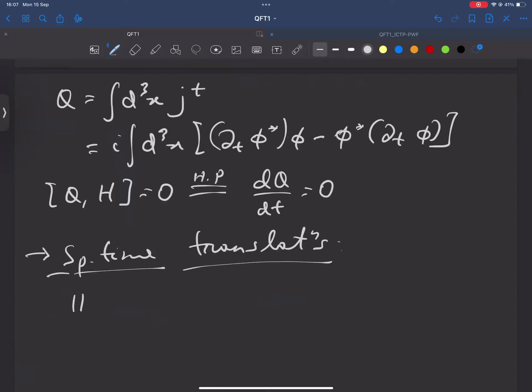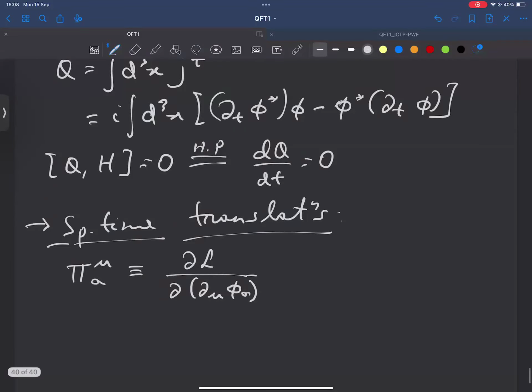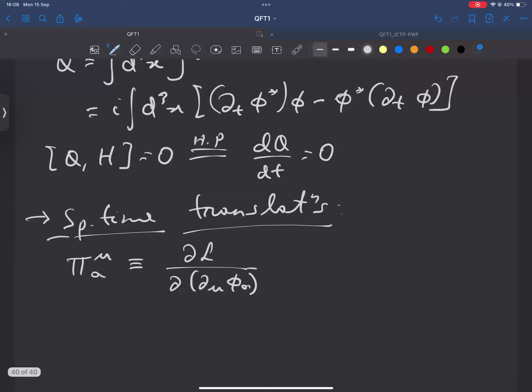For simplifying notations, I will introduce a quantity which I will call pi, which will be just this thing. Okay. Now, for space-time translations, we know that this is what it means.